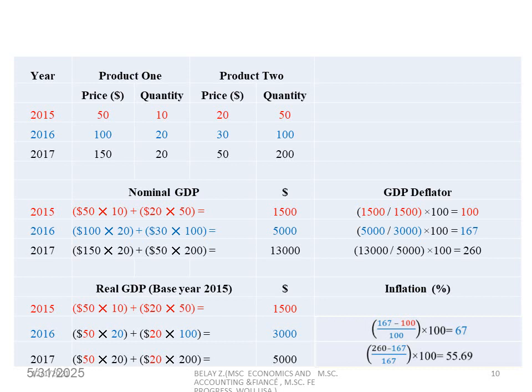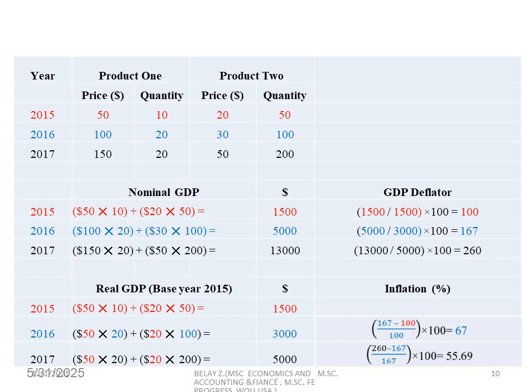It is given by the change of the actual minus the old one, that is final minus initial over initial times 100. Then the inflation rate of 2016 is 167 minus 100 over 100 times 100, which is equal to 67. This is the inflation rate we calculate by using the GDP deflator.